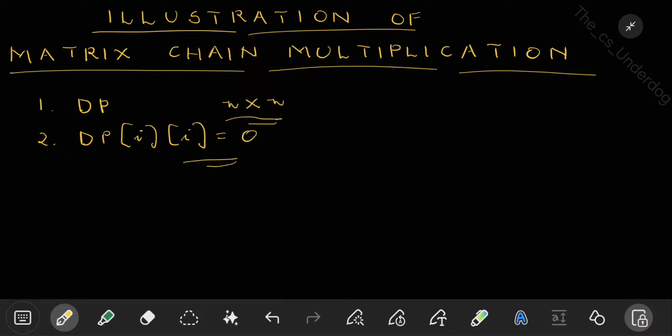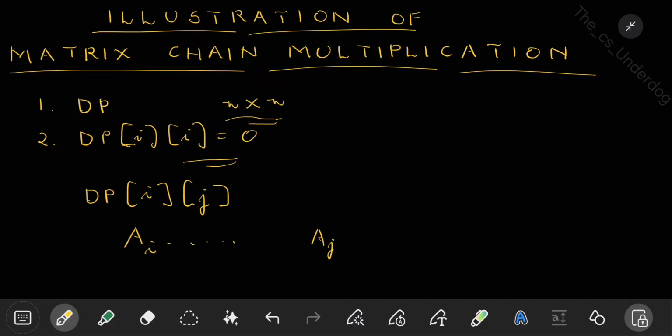What does this signify? In order to understand this, you need to know what DP of i, j signifies. This signifies the minimum number of scalar multiplications that are required in order to multiply matrices from Ai till Aj.